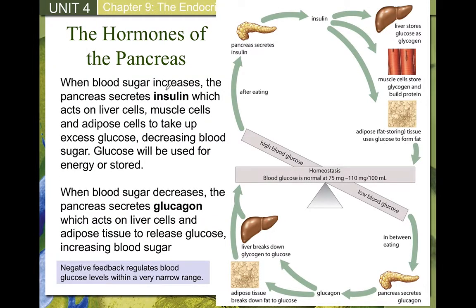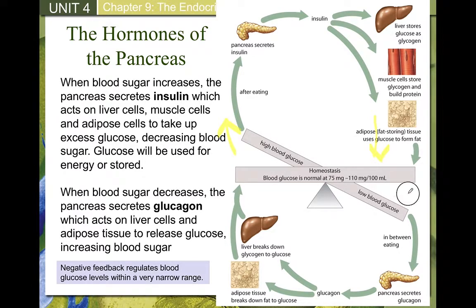So if we put this into one big picture context, we can see that both insulin and glucagon are working in negative feedback loops. When blood sugar gets too high, insulin responds by bringing blood sugar back down. Because it's opposing the change, the change that's throwing the body out of homeostasis, it is a negative feedback.